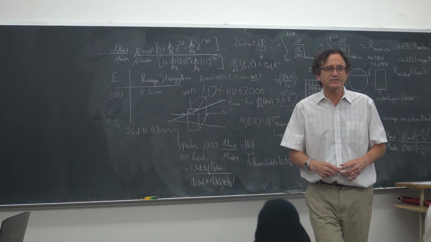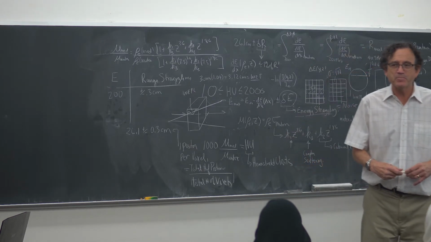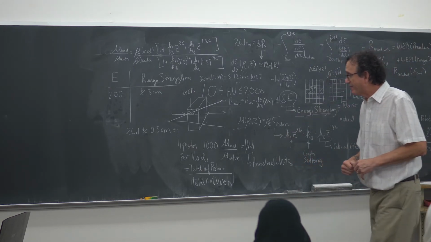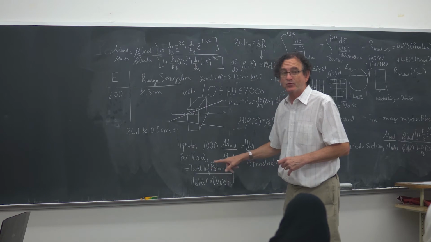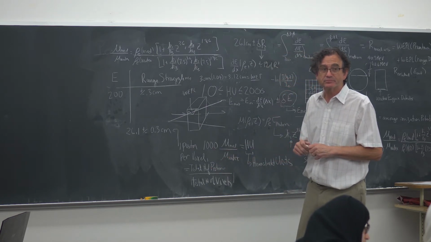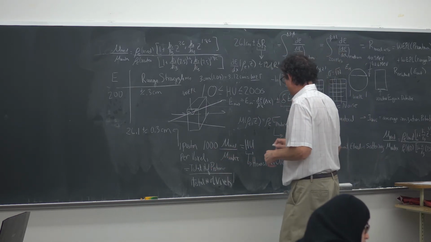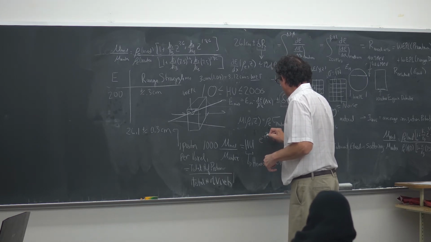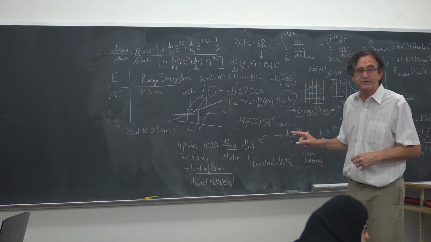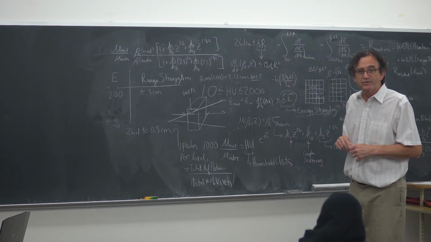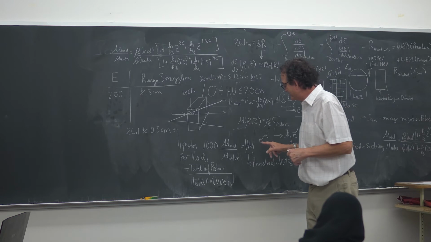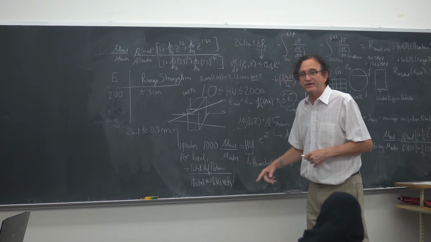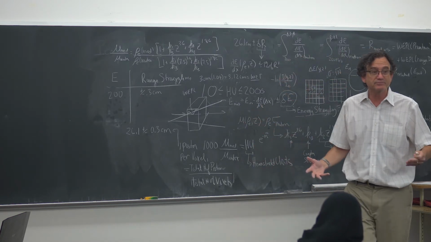If the average is 1 per voxel, what's the probability of getting 0? It's e to the minus n bar, where n bar is the average number. So I have a 27% chance of having no measurement at all in that voxel.